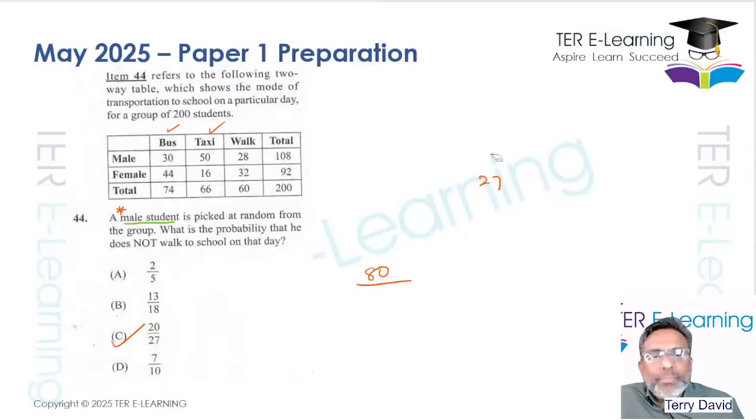I guess we could put the 200 here, based on the wording. You have to be careful with the wording here too. Since they say a male student is picked at random from the group, we're dealing with this row here.